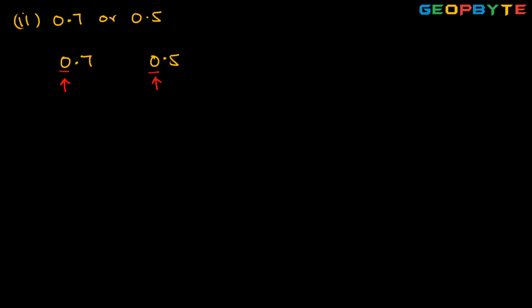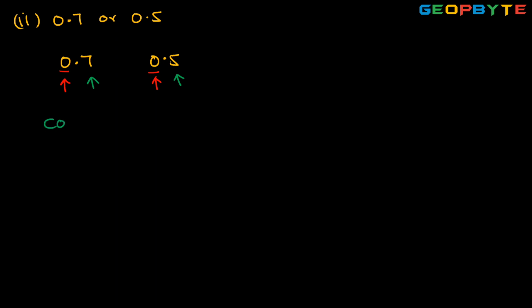So both are equal. So let us compare the next digit, that is the tenths place. Here in the first number at the tenths place we have 7 and in the second number we have 5. So 7 is greater than 5, right?